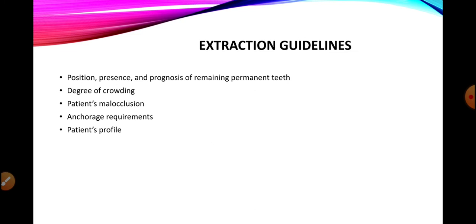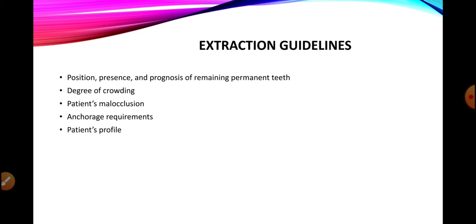So now, talking about the extraction guidelines related to crowding in cases of class 1 malocclusion, the extraction guidelines will be dependent upon the position, presence and prognosis of the permanent teeth. Or the extraction will be based upon the amount of crowding or the malocclusion that is there, or the extraction will be planned according to the anchorage requirements or the patient profile.